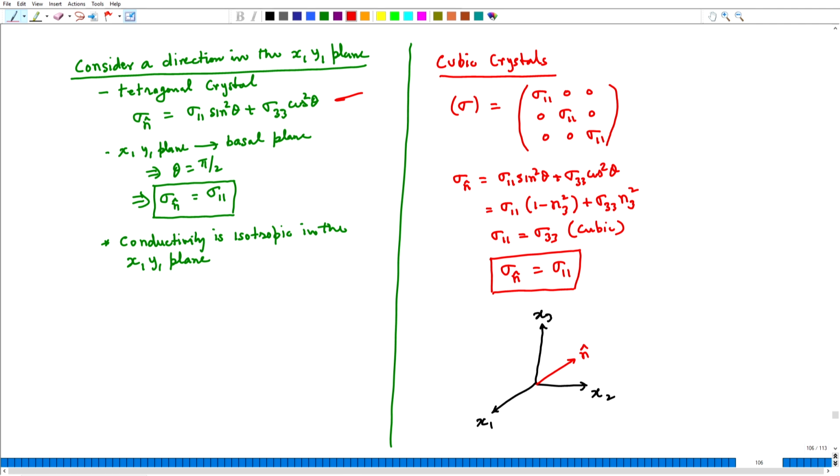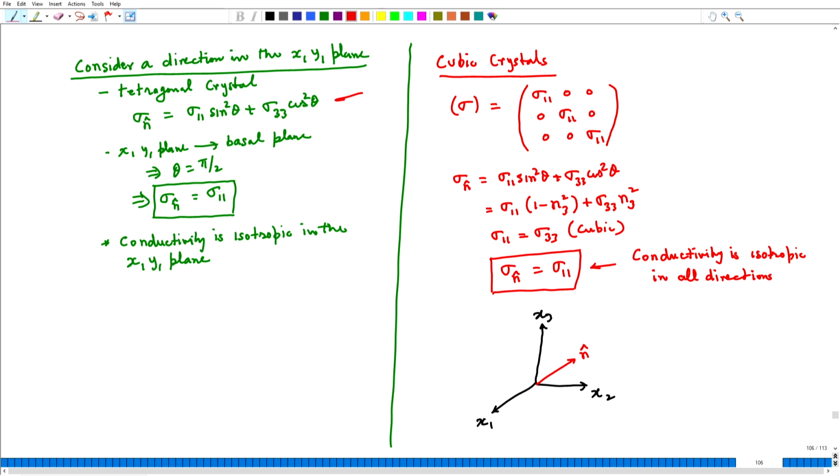Basically this statement is showing that conductivity is isotropic in all directions. So, if I measure conductivity by applying an electric field in any direction, I will measure a flux. The ratio of that would give me the same conductivity in any direction.